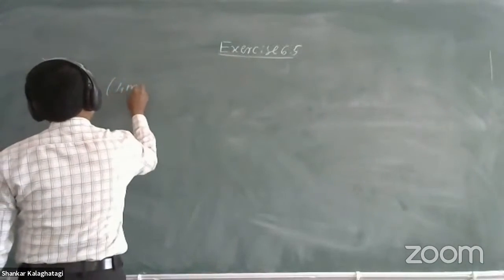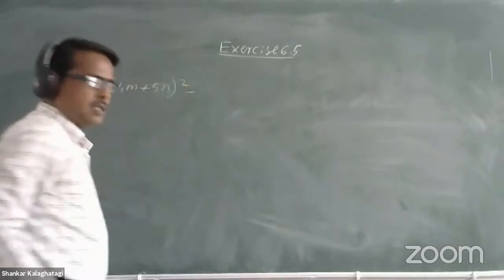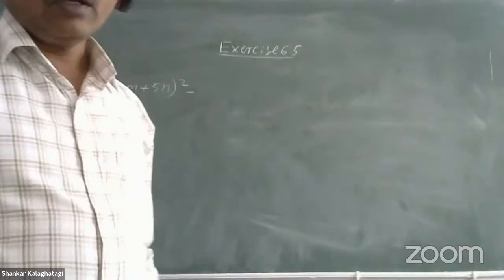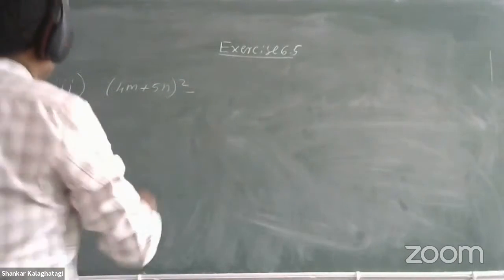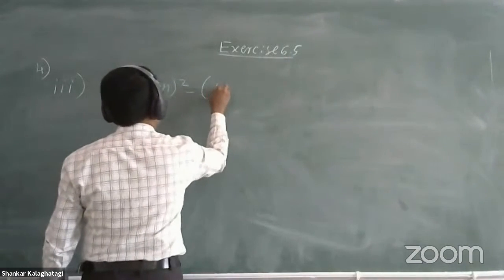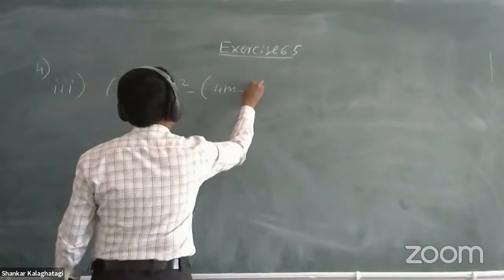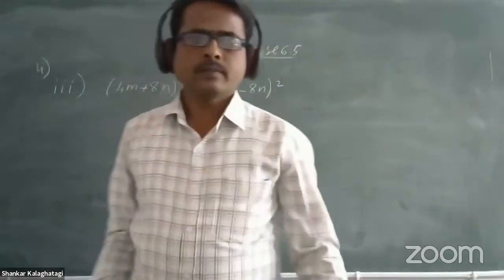So (4m + 5n)^2 minus what? Plus 4m plus 8n. (4m - 8n)^2, that is the fourth one.